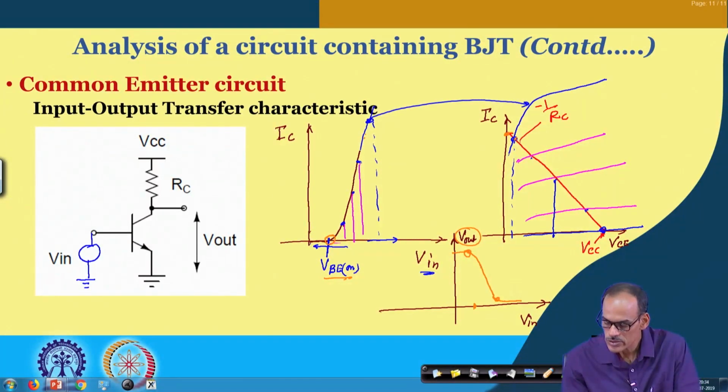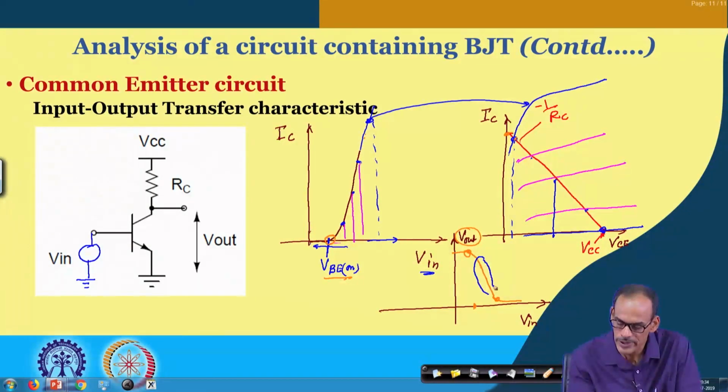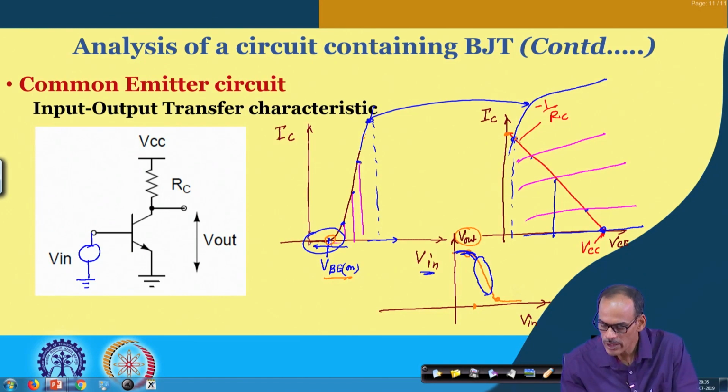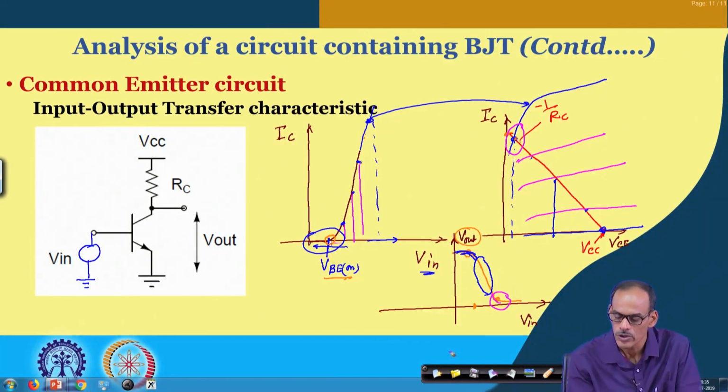So, you may say that in the middle range the input to output transfer characteristic behavior is quote and unquote linear. On the other hand, if you go here, due to this part the transfer characteristic is getting saturated, and due to the other side, this part is getting saturated. So, this nonlinear behavior comes from the transconductance nonlinear part, and this nonlinear part comes from the output port characteristic.